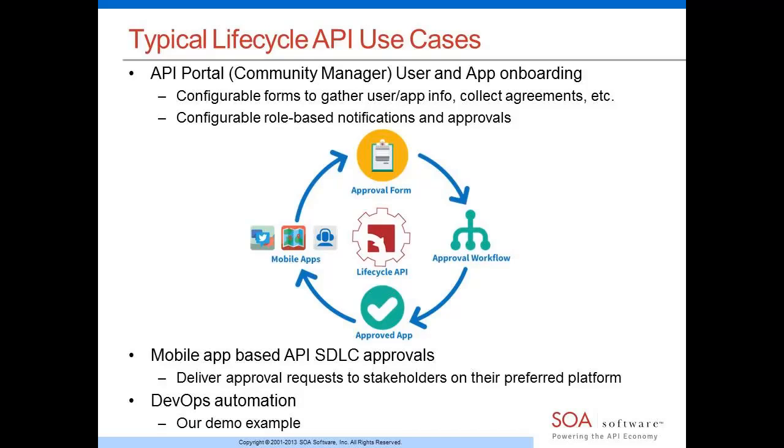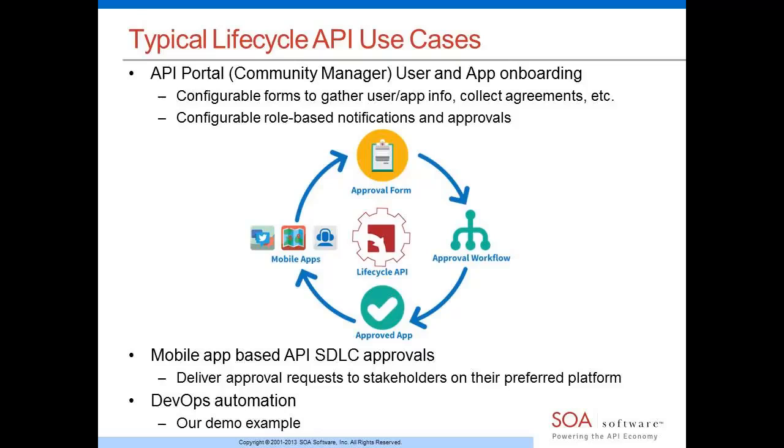So typical cases where you might want to use the Lifecycle API. One case that we think is quite interesting, and in fact we've already gone into production with some of our customers, is the notion of user and app onboarding through our API portal product called Community Manager.